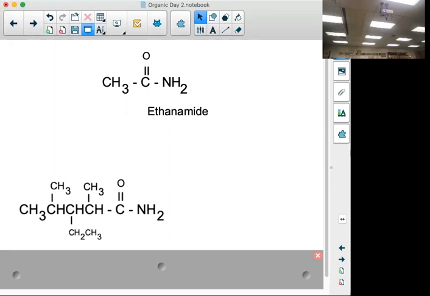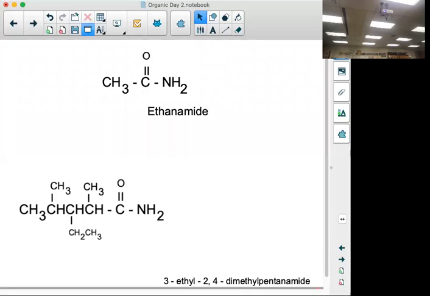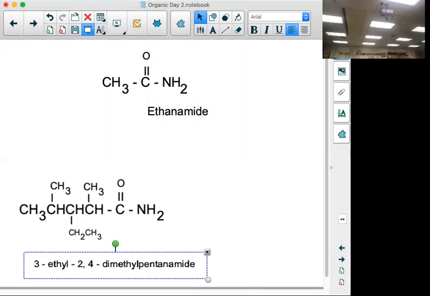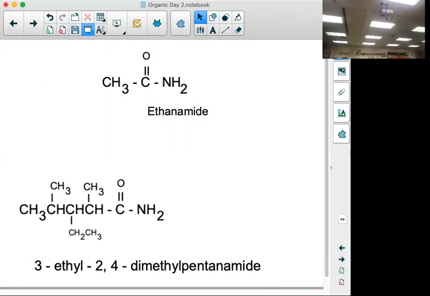So that would be pent, but we have on carbon 2 a methyl, carbon 4 a methyl, and carbon 3 an ethyl. Make it a little bit larger there. Stretch it out. 3-ethyl, 2,4-dimethyl pentanamide.